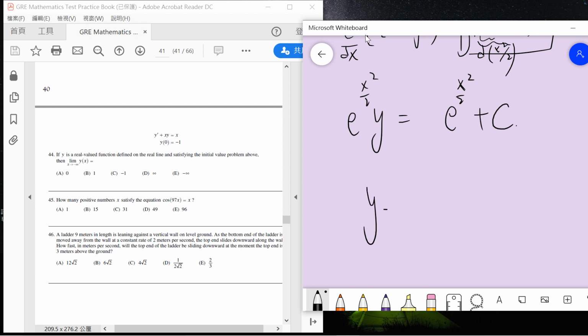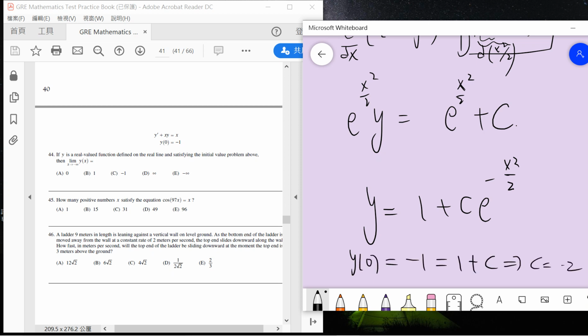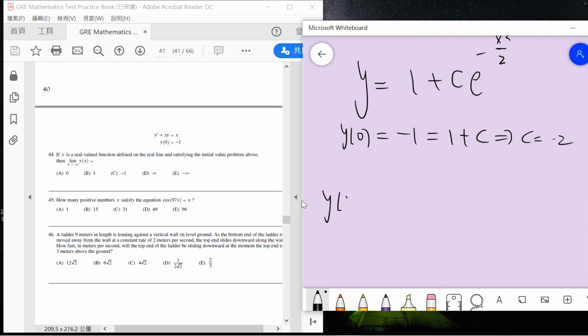So we know the form is 1 plus c exponential minus x squared over 2. And when x is 0, the value is minus 1. So c is minus 2. Okay, so we have the result.